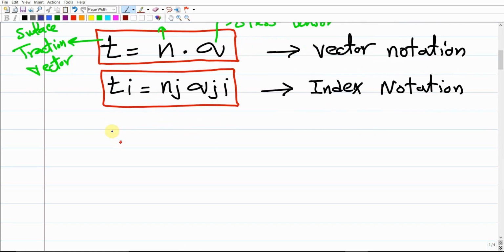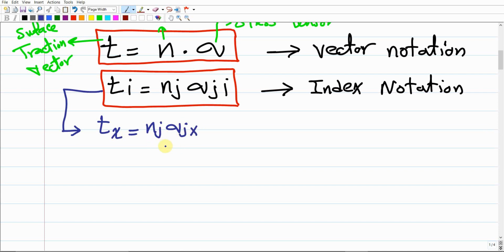For example, if I write all the components of this vector, T i is a vector, so it should have only three components. In case i is x, I end up with n j sigma jx.